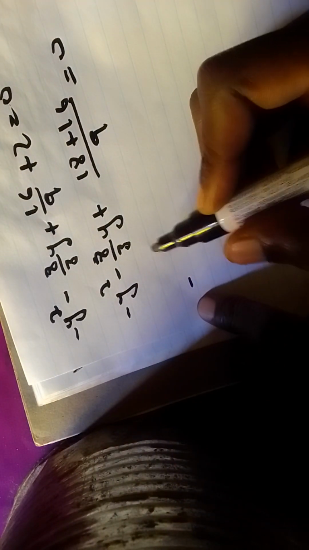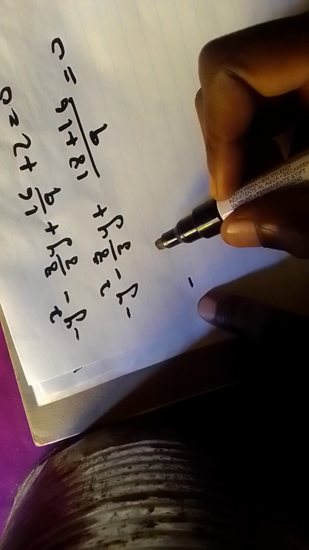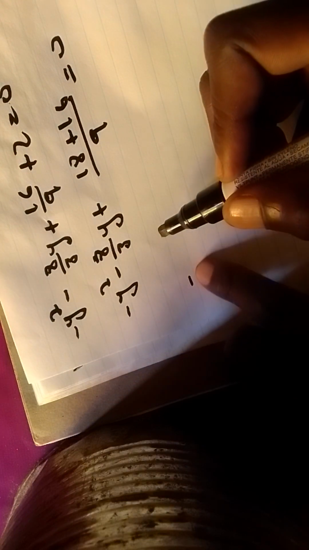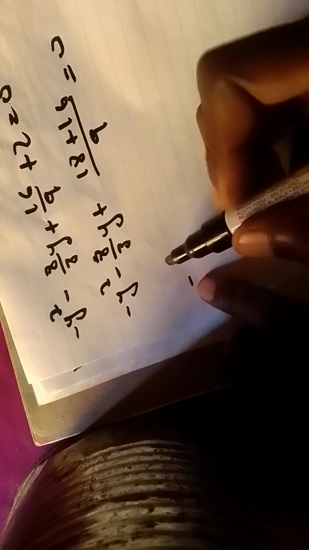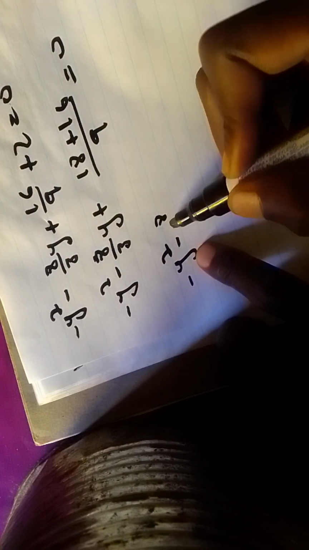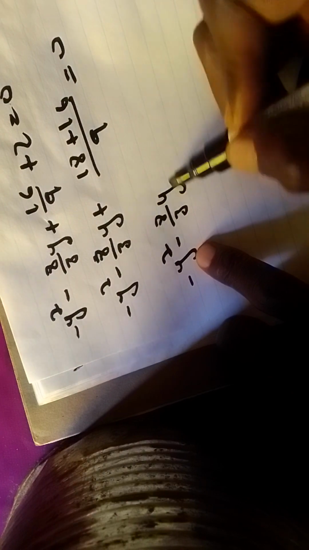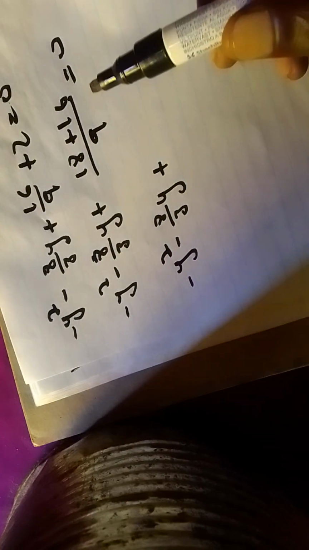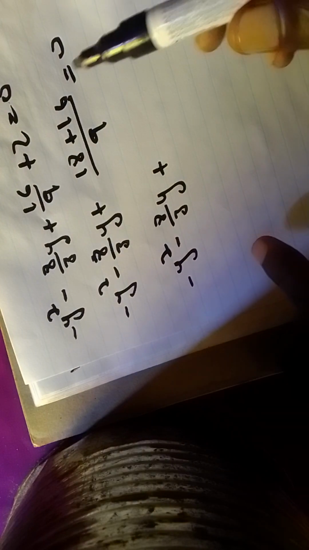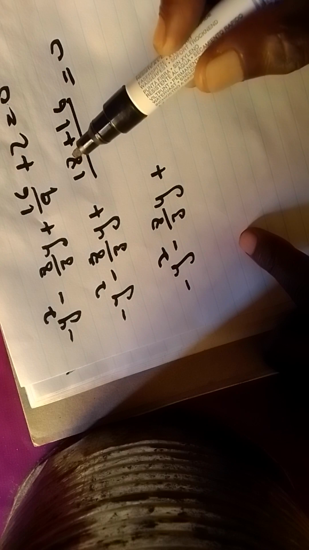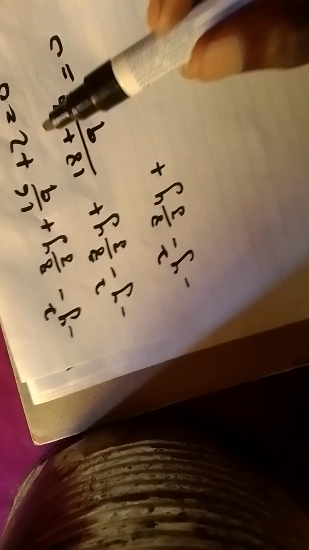Negative y squared plus 8 by 3y plus 16 plus 18 is going to be, let me take my calculator.